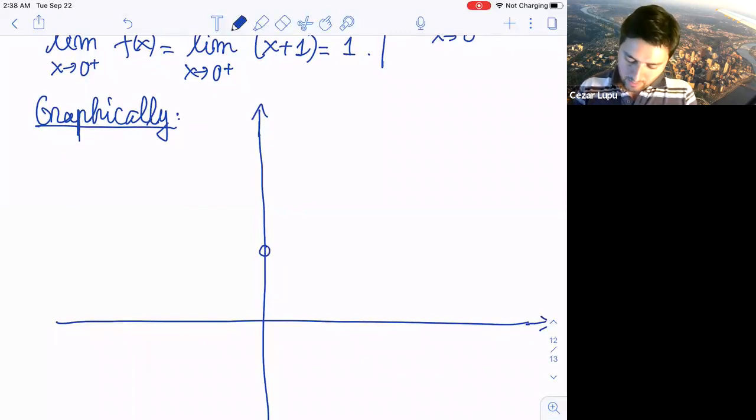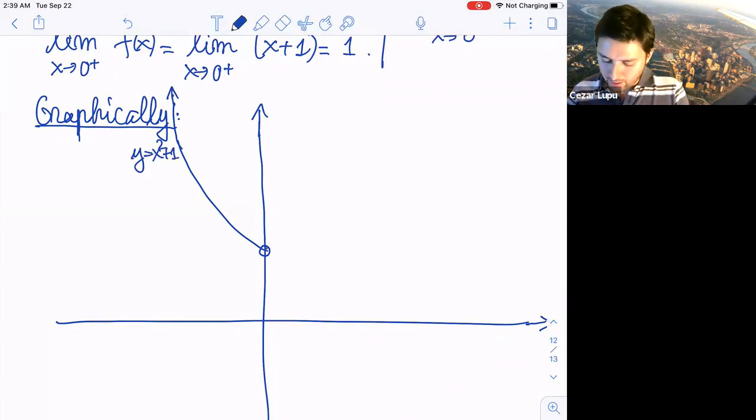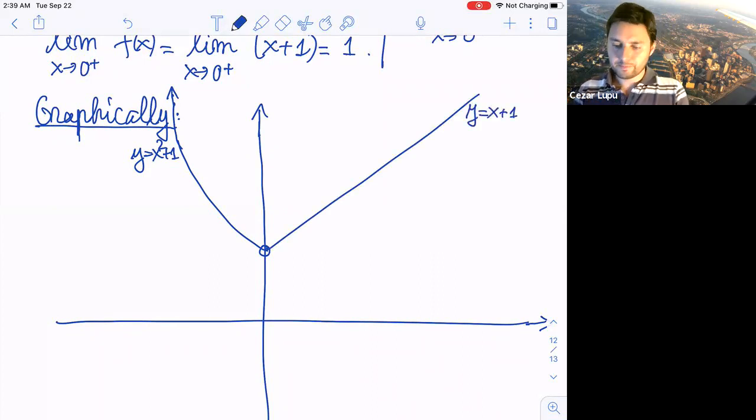And here, let's say we have this arc of parabola, but it keeps going. This is the graph of y equals x squared plus 1. And here we'll have a line which goes like this. This is the graph of y equals x plus 1.